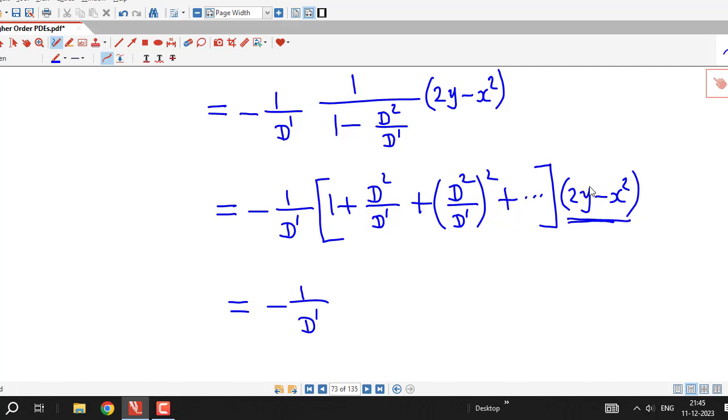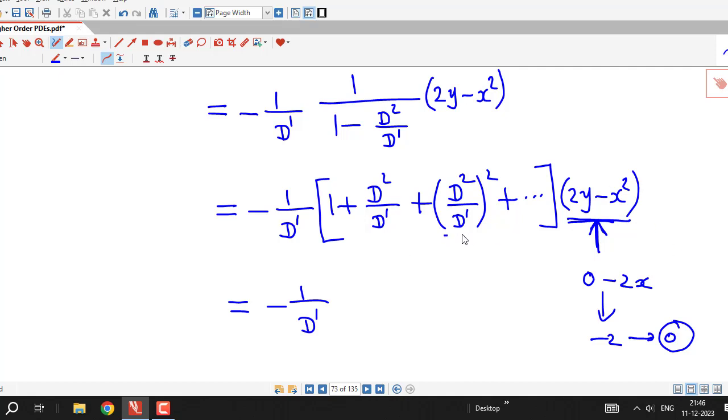Now if I differentiate this with respect to x a single time, then the first derivative of this with respect to x will be 0 minus 2x, the second derivative will be minus 2, and the third derivative will become 0. So all the derivatives after the second derivative with respect to x of this function are 0.